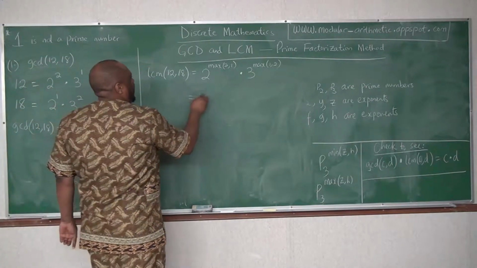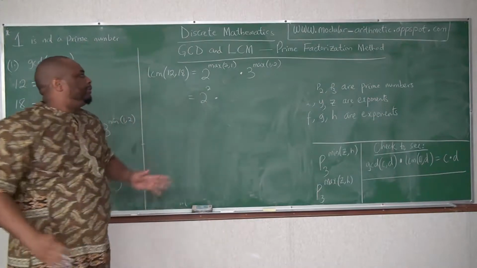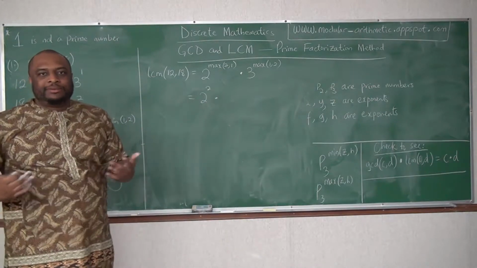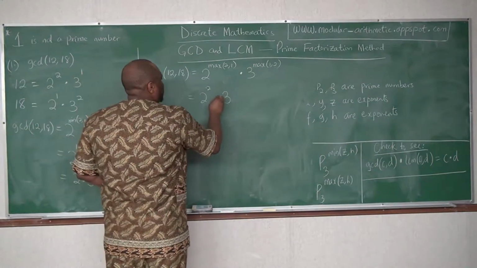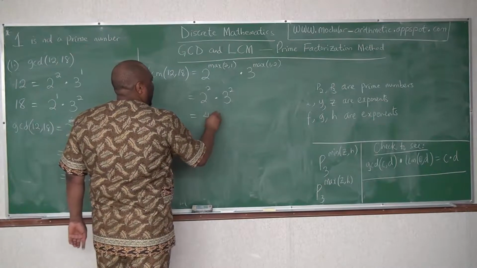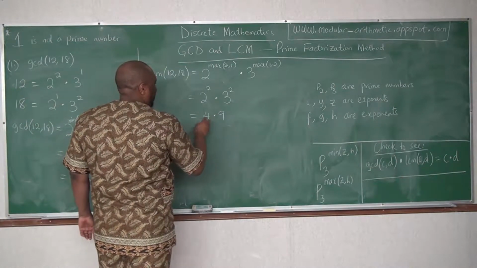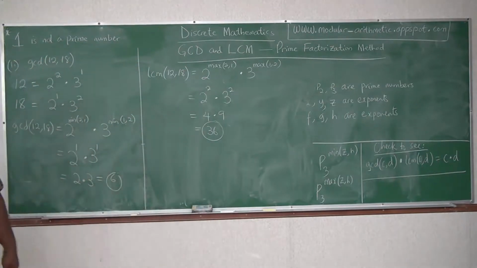So that would be 2 squared, because the maximum of 2 and 1 is 2. 2 is greater than 1. Times 3, the maximum of 1 and 2 is 2. So this is 4 times 9, and that is 36. The LCM or the LCD is 36.